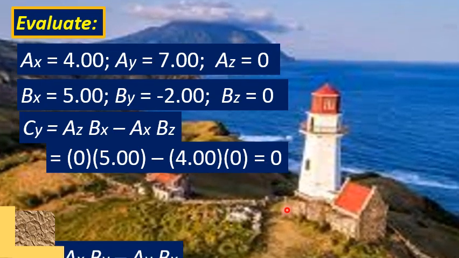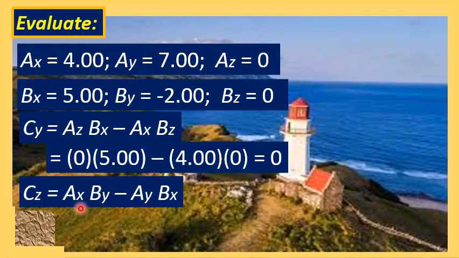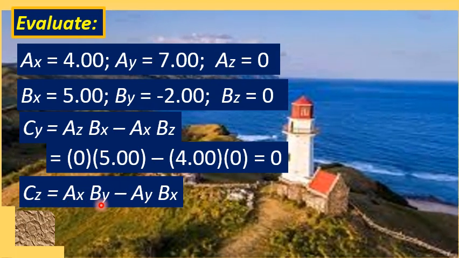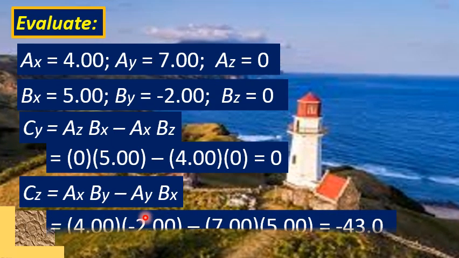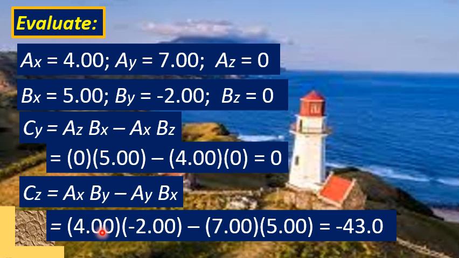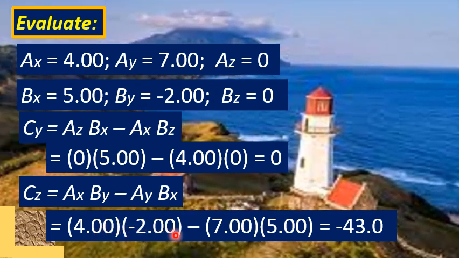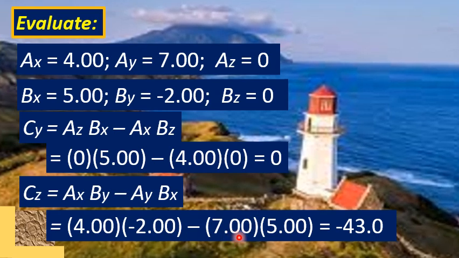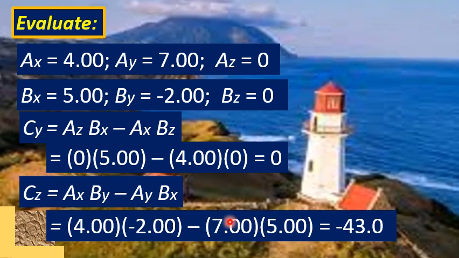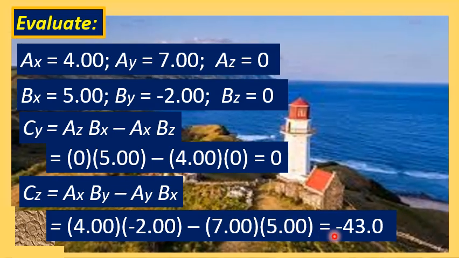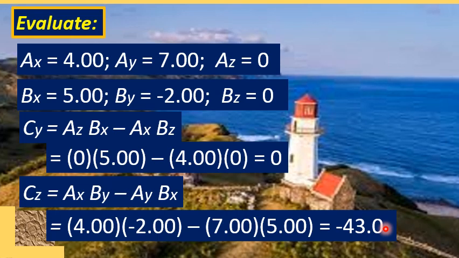And finally, for the z component of vector C, the formula is Ax times By minus Ay times Bx. Substituting, we get 4.00 units times negative 2.00 units minus 7.00 units times 5.00 units. Doing our math, we will get negative 43.0 units as the z component of vector C.